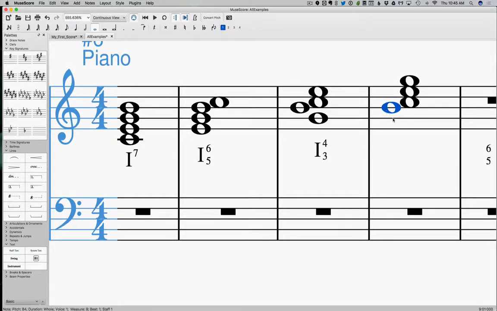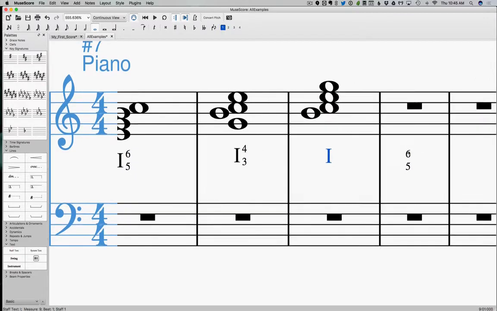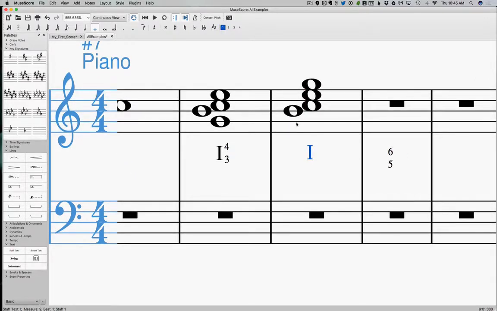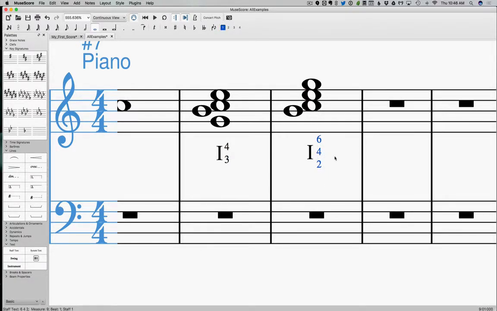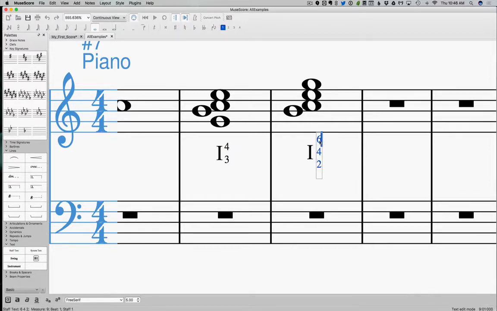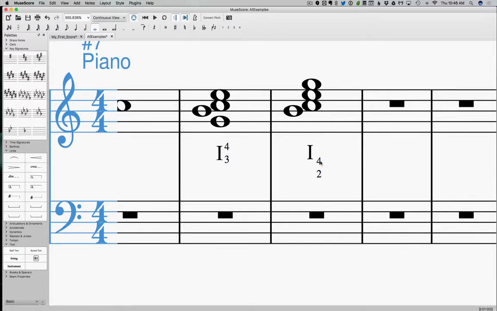Let's look at our next one, our last one. Okay, what do we have here? This one's a little goofy. So our lowest note to our highest note is a B to a G, so another 6, and then 4, B to E, and then 2. So 6, 4, 2. Again, we could do that, but that's a little cumbersome. So let's do what we did before and cut off our 6. Now we're left with a 4, 2.